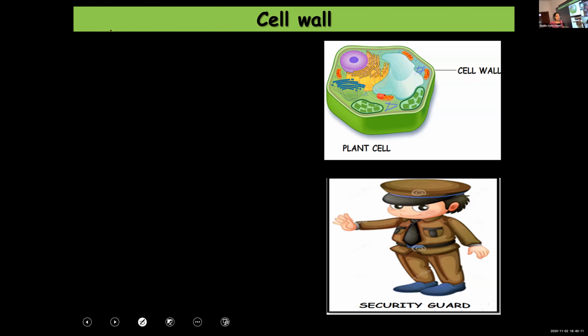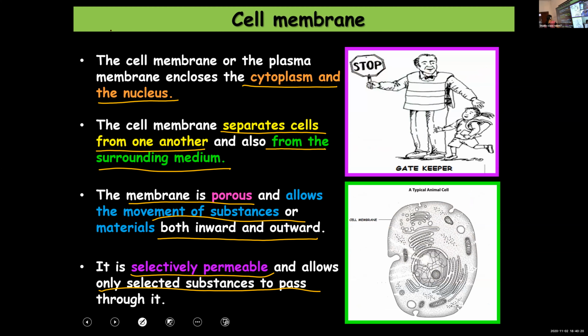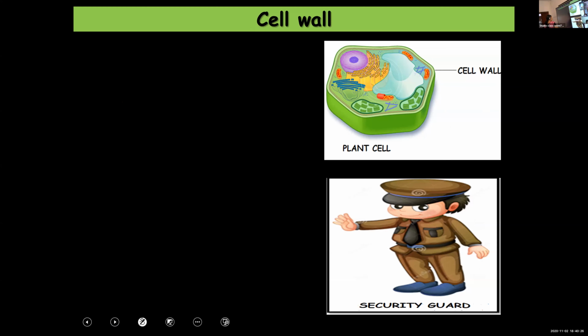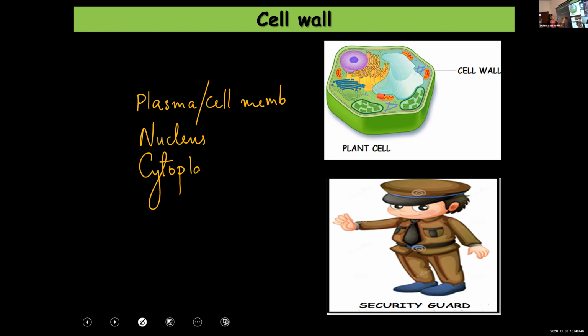Whether it is a plant cell or an animal cell, plasma membrane or cell membrane, nucleus, cytoplasm, these are found in all cells.